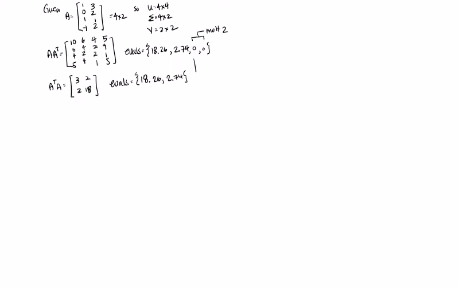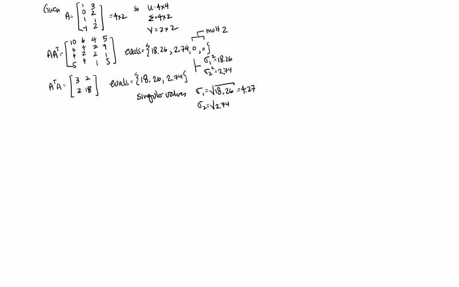So we can therefore say the following. We can say that sigma 1 squared will be 18.26. Sigma 2 squared would be 2.74. The singular values are the square roots of those. Sigma 1 is the square root of 18.26, which is 4.27, again approximating.